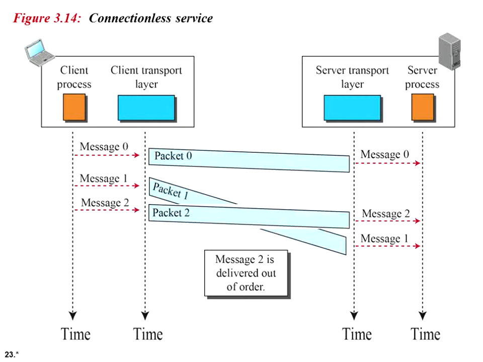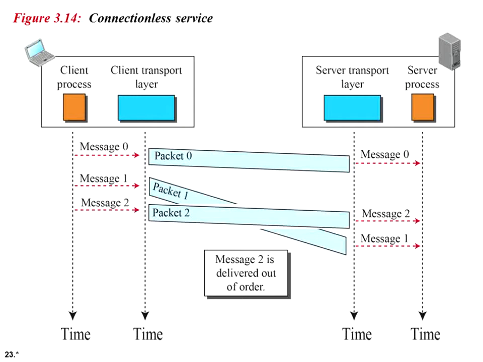So here you can see the movement of packets using a timeline. And here, we have made an assumption that the delivery from the process to the transport layer and vice versa is instantaneous.